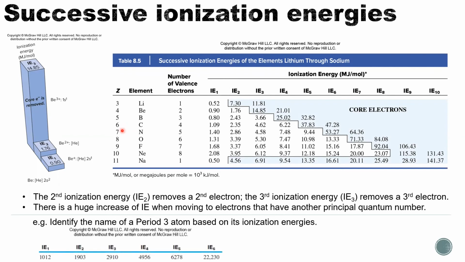It gives you a table of ionization energy. IE1 equals 1012, IE2 is 1903, IE3 is 2910, IE4 is 4956, IE5 is 6278, IE6 is 22230. Which element is it?